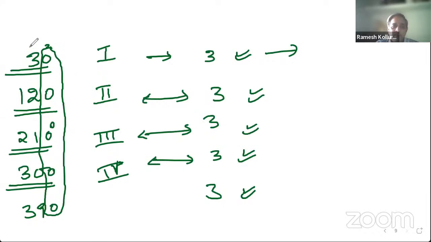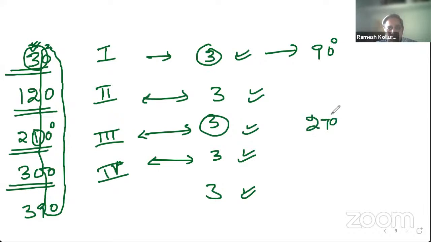So here, first I will see that this is odd, this is also odd, and this is also odd. So these are all related to 90 degrees and 270 degrees, correct? And this is related to 180 and 360, correct?